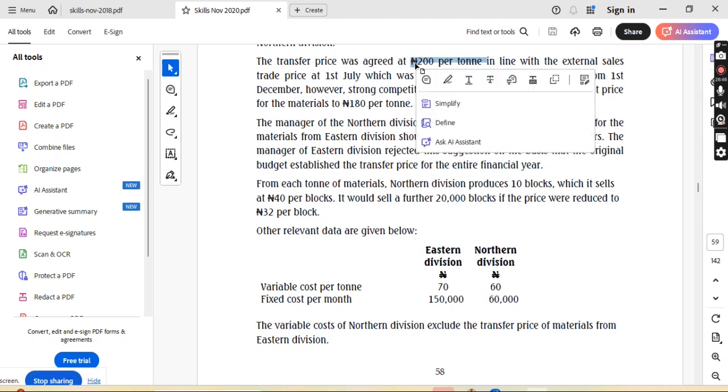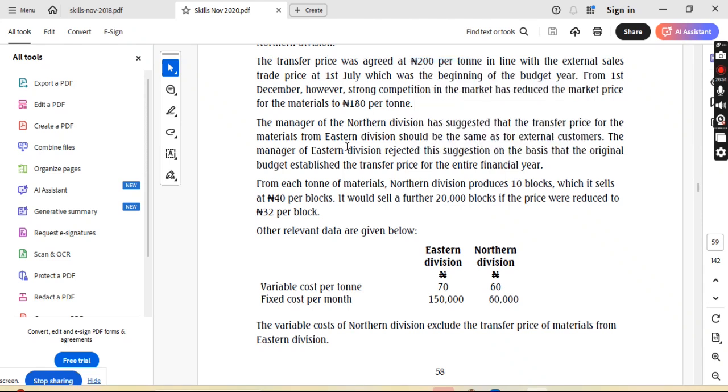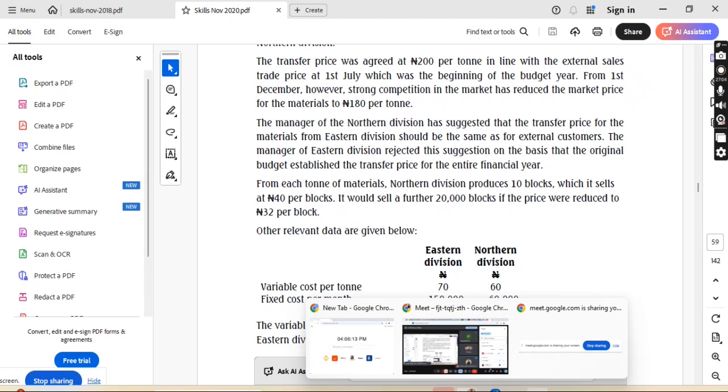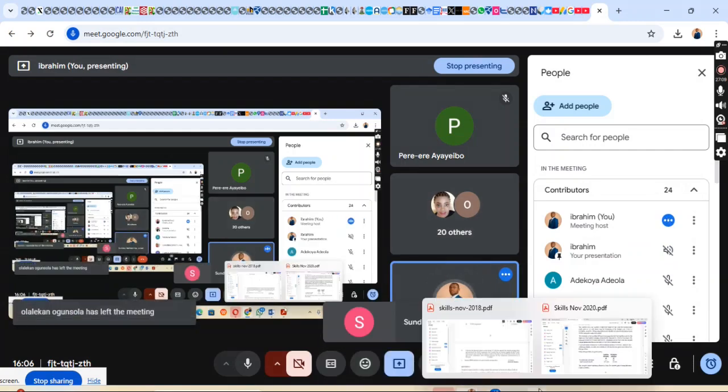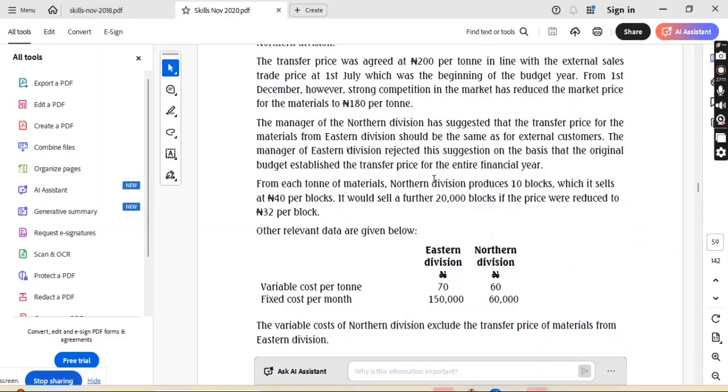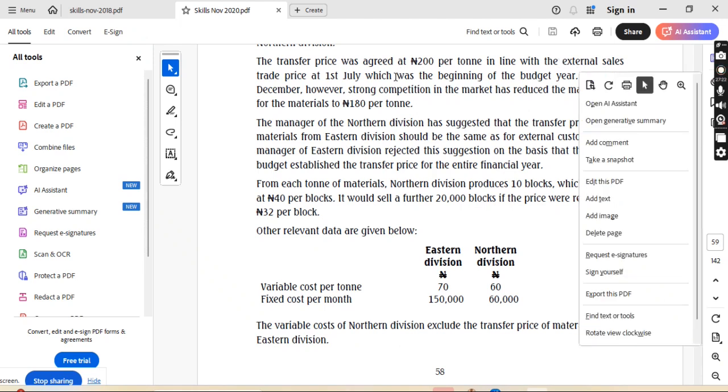The northern division now suggests that we should make it based on the recent reduction in the market, which is 180 naira per ton. Then the selling division says no, it is not possible, you should do it based on the transfer price established in the original budget at the beginning of the year.